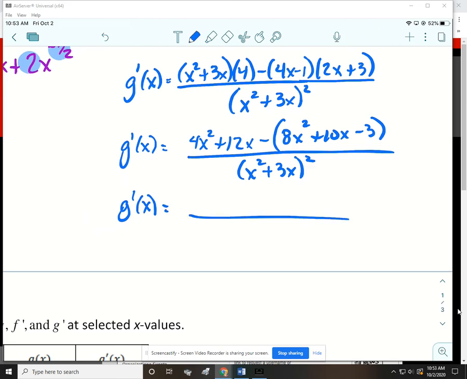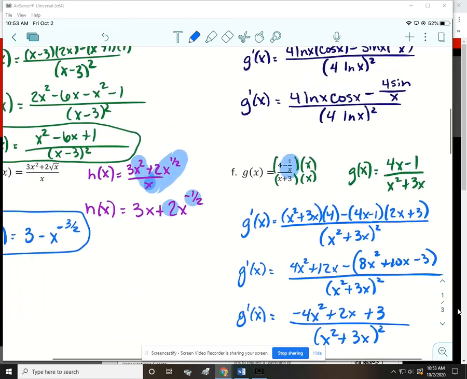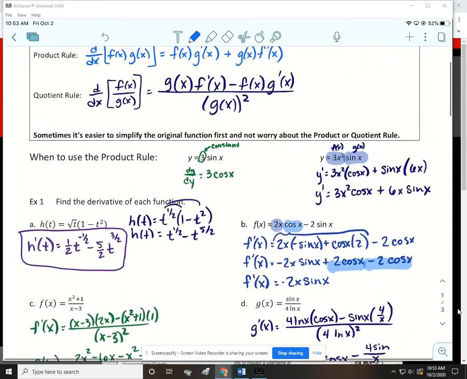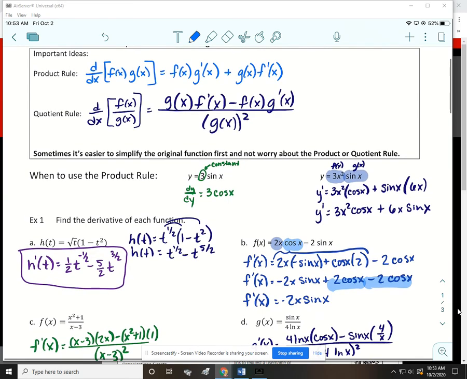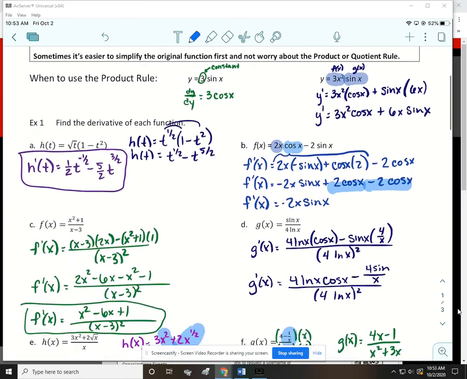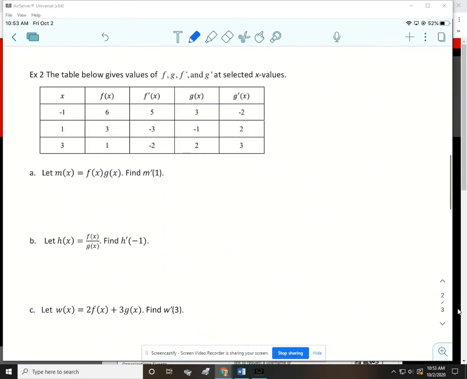All right, so I'm going to subtract like terms now. There it is. Okay, so that's the product rule and the quotient rule. We will use them a whole lot, and we'll add flashcards and we'll talk about them. We'll do the flashcards almost every day.